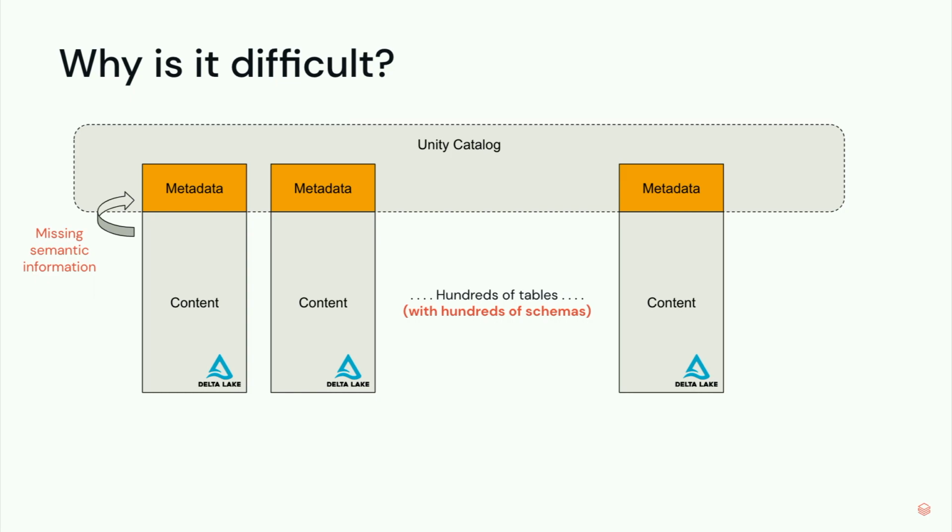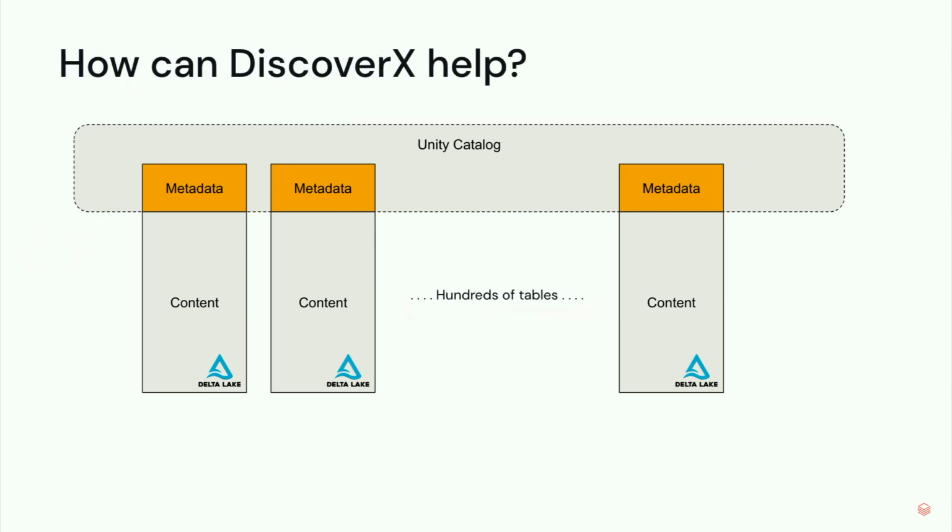As you heard this morning at the keynote, we have a lot of efforts going on to make this data more meaningful: understand the semantic type of the content and have this information up in Unity Catalog, so that we can have a better understanding of your lakehouse and enable all the AI technology that will help you understand what is in the content and automatically drive it. DiscoverX is one of the efforts behind this, to try to give more meaning to Unity Catalog.